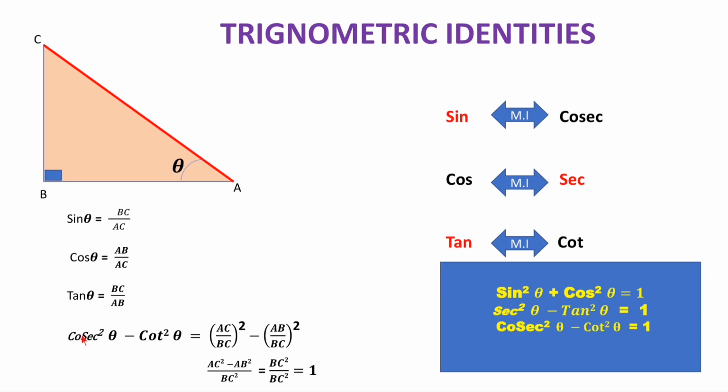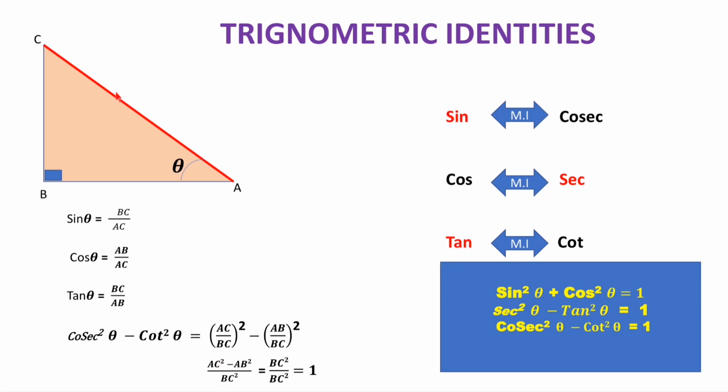Now the third identity, cosecant square theta minus cot square theta. Cosecant is the multiplicative inverse of sine. Sine is BC by AC, so cosecant will be AC by BC whole square minus cot square theta. Cot is the multiplicative inverse of tan. Tan is BC by AB, so we can write it as AB by BC. Since the denominator is the same, we can represent it as AC square minus AB square by BC square.